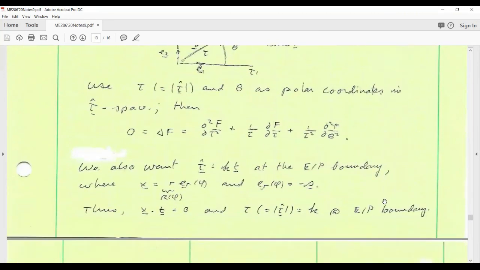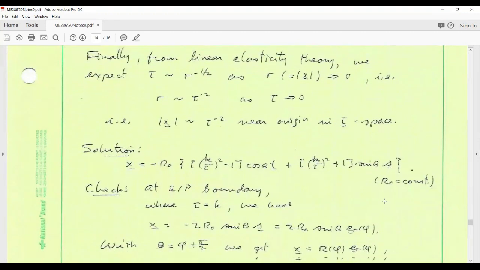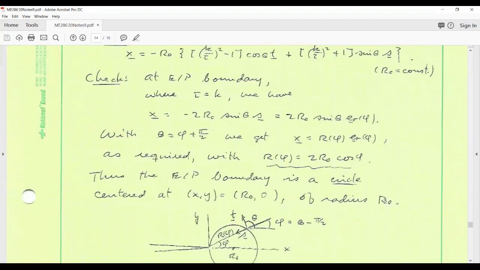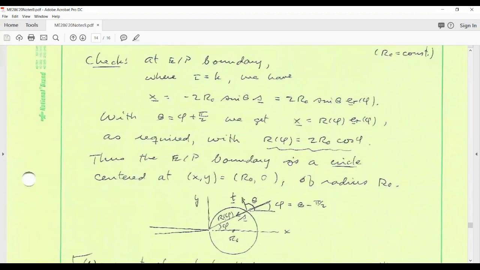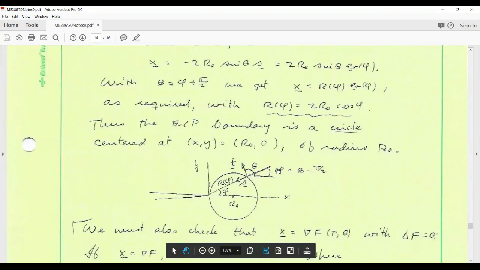So you can see this fairly intricate solution, even though the problem looks simple. Okay, we also now know that, interestingly enough, the shape of the elastic plastic boundary, because R of phi is given by this, tells you that the elastic plastic boundary is in fact a circle. A circle centered at x and y equals r naught and 0.